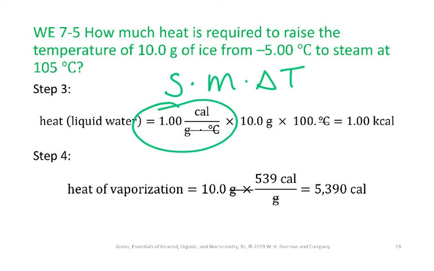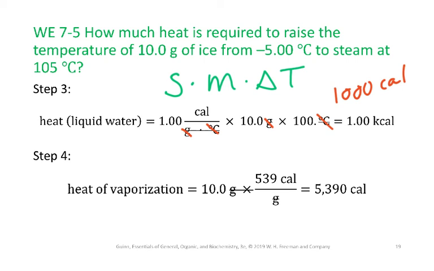That's actually the definition of a calorie, the amount of heat required to raise the temperature of 1 gram of water by 1 degree Celsius. So if we have 10 grams times 1 times 100 degrees Celsius, that gives us 1,000 calories, or 1 kilocalorie, but we'll go with 1,000 calories.